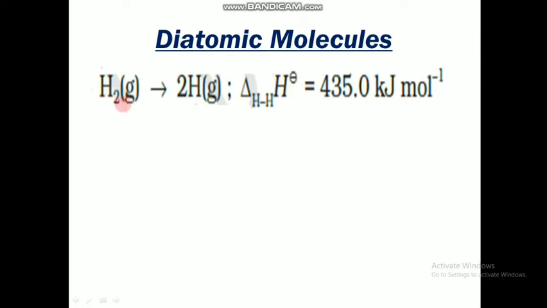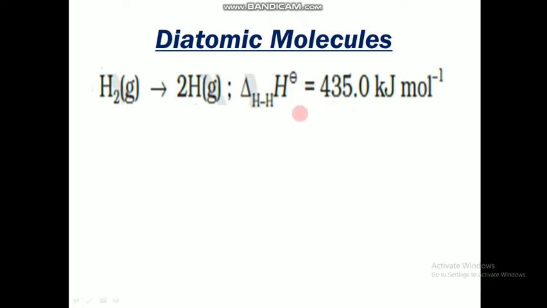1 mole of hydrogen molecule is split into 2 moles of hydrogen atoms. There the bond is getting broken and they are forming atoms, which is a 435 kilojoules per mole endothermic reaction, and the same process was happening in case of enthalpy of atomization. There also we mentioned that it is the same as bond dissociation enthalpy.